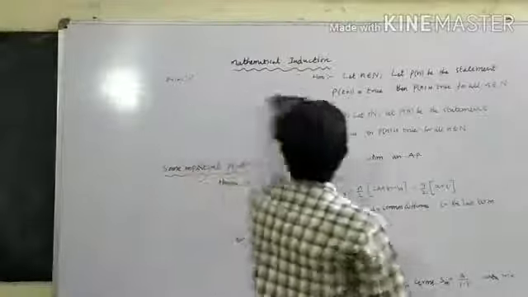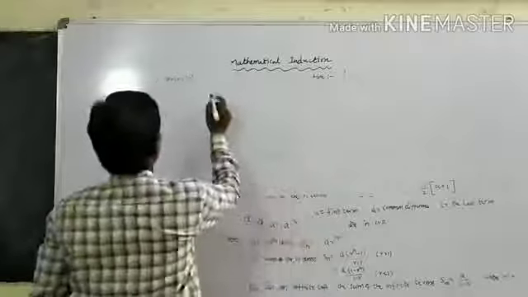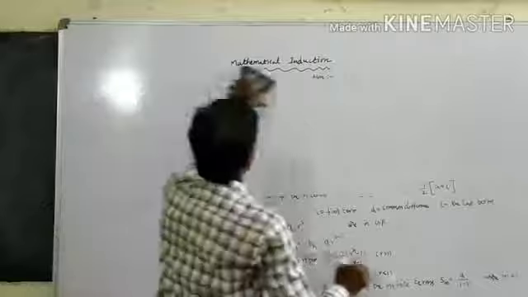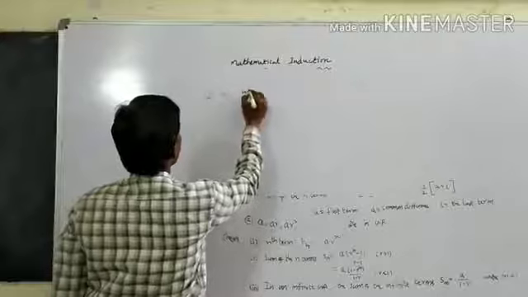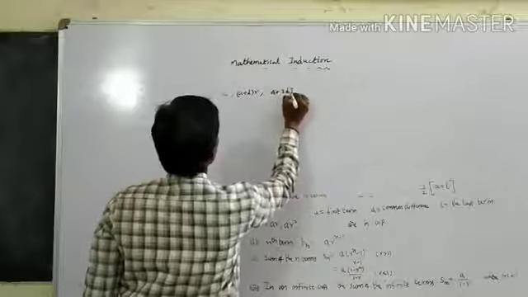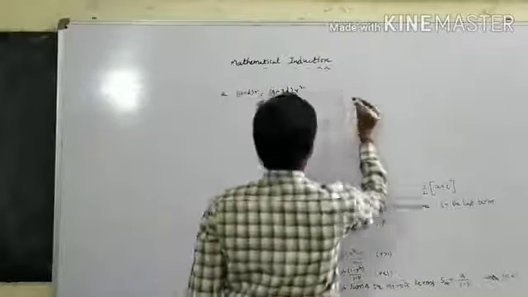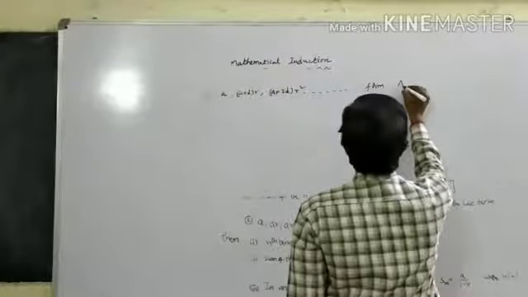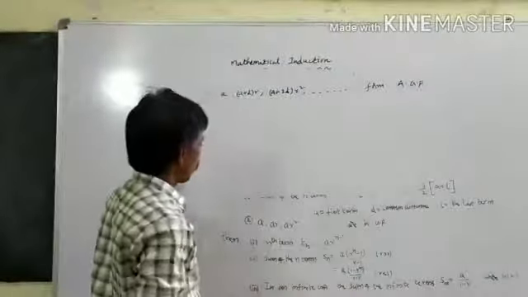Now, some more important points. The third one: a, (a plus d) r, (a plus 2d) r square and so on form an AGP, arithmetic geometric progression.